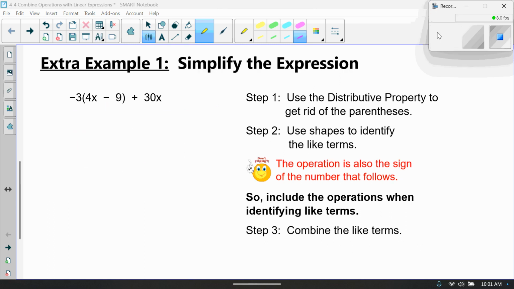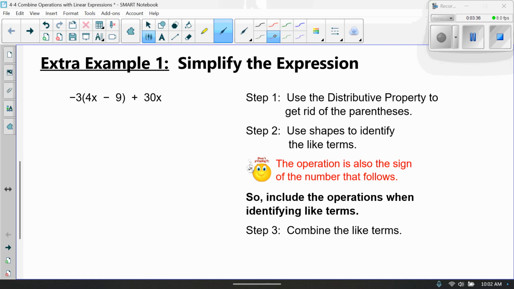And that's it. So go ahead and press pause, write this down, press pause, do this one on your own, and then press play again to follow along, okay? So we're going to use our distributive property to distribute that -3 throughout the parentheses.